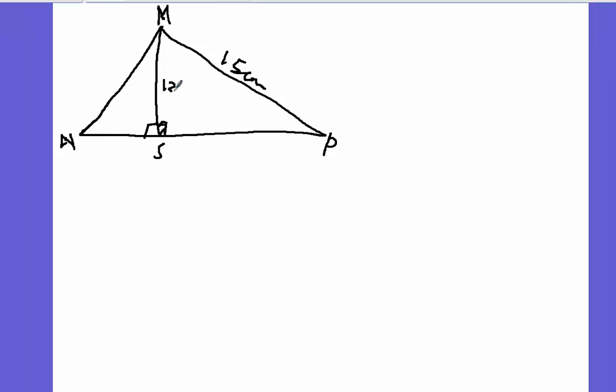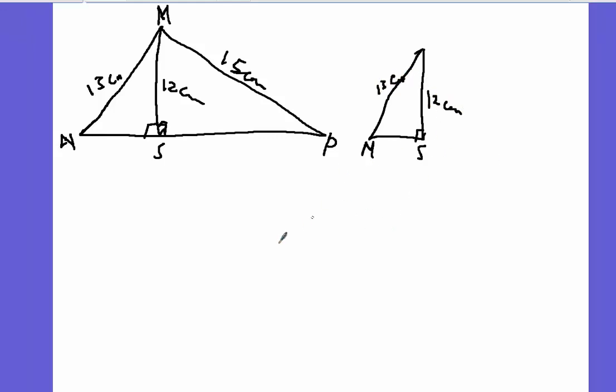This is 12 centimeters. Then we have 13 centimeters. Now there are two different right angle triangles, so I'll pick them one out of the other. The first one is like this. Good. So this is N, this is S, here is 12 centimeters, then this is 13 centimeters.